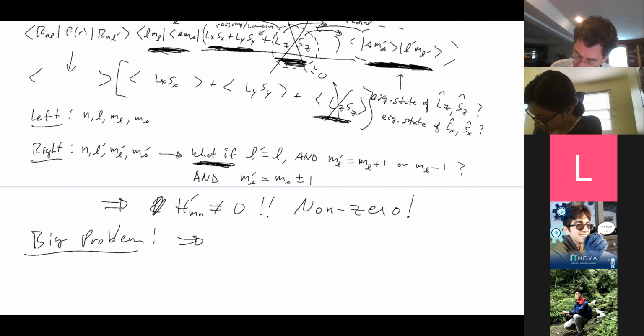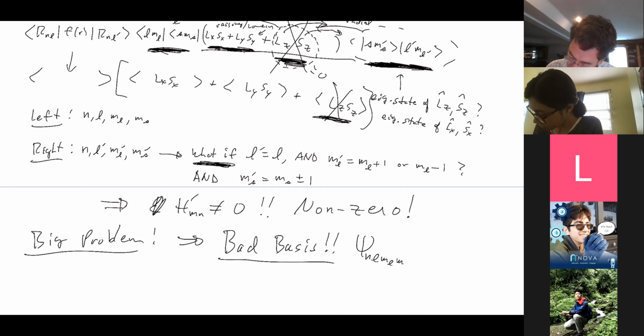The scheme, it's the bad scenario. The words we use when this happens, we call it a bad basis. What we say is that psi n l m sub l m sub s is a bad basis.